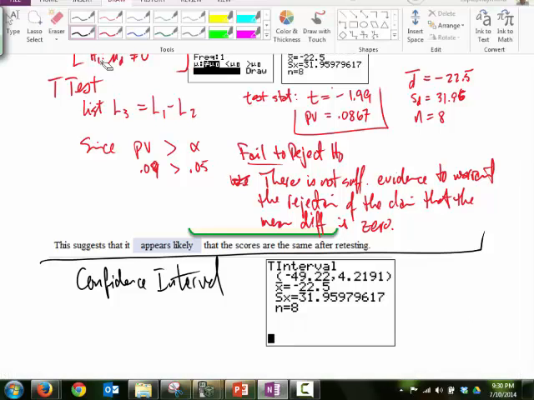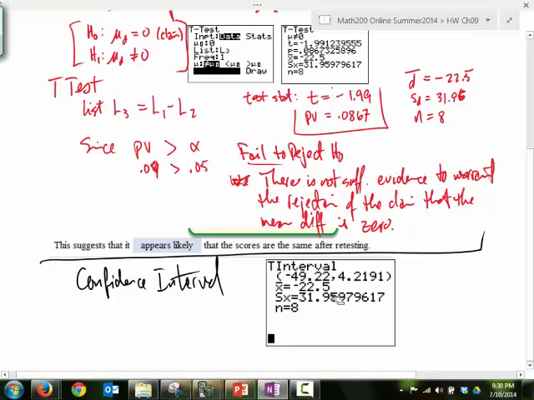And this is where it becomes really important that you write this with the appropriate symbol. So it's negative 49.22 less than something less than 4.2191. It does contain 0, right?